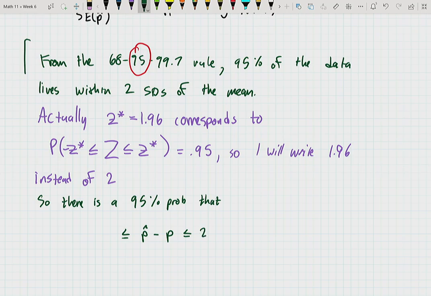Or, sorry, not 2, 1.96. That's exactly what it means to say that 95% of the data lies within 1.96 standard deviations.